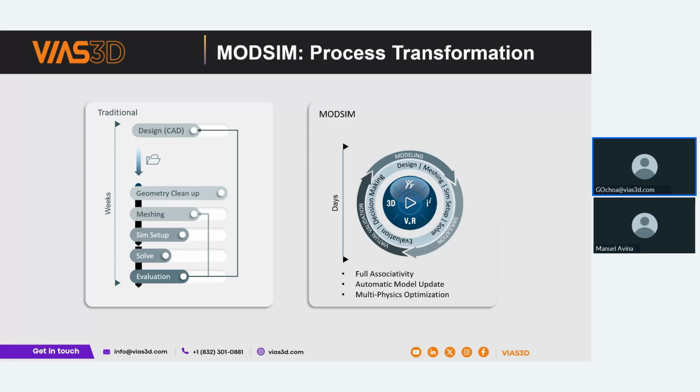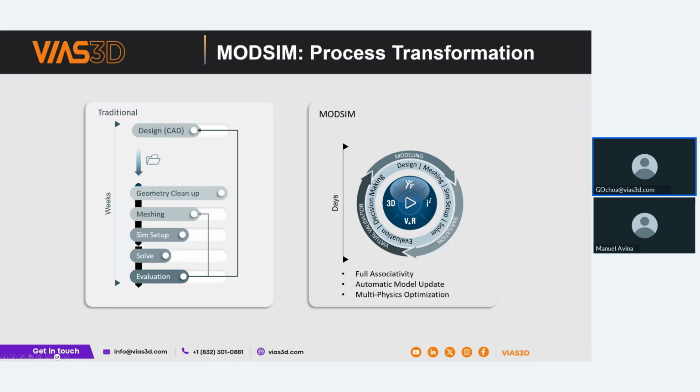Then we define our simulation setup. We execute the job, and then we evaluate the results. And when we get the results, we start evaluating the scenario, and based on the output, we define if we can go back to the CAD design and perform modifications and start the same workflow again. That's how the iterative process works.